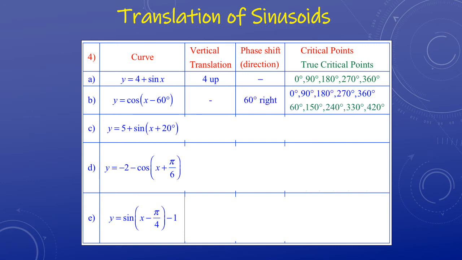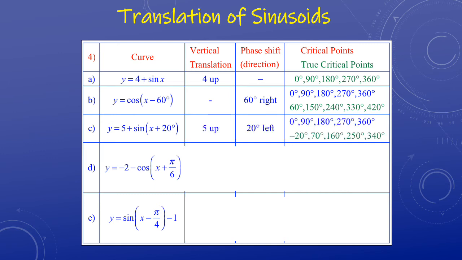In B, we have y is equal to cosine quantity x minus 60 degrees. There is no vertical translation. The phase shift is 60 degrees right. So since our critical points are 0, 90, 180, 270, 360, adding 60 degrees to each of those gives 60 degrees, 150 degrees, 240 degrees, 330 degrees, and 420 degrees.